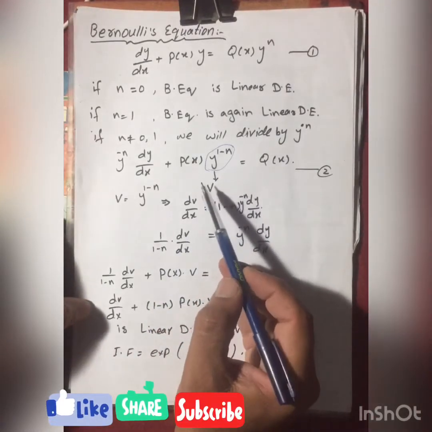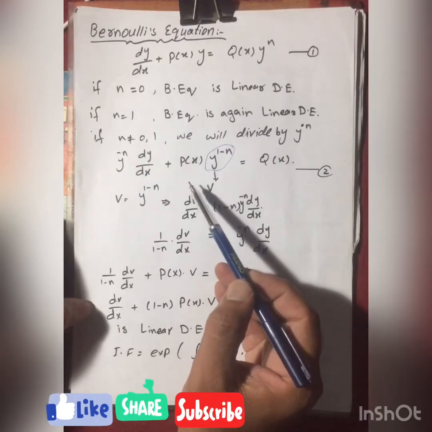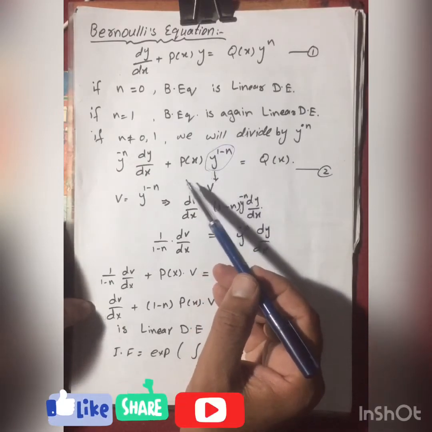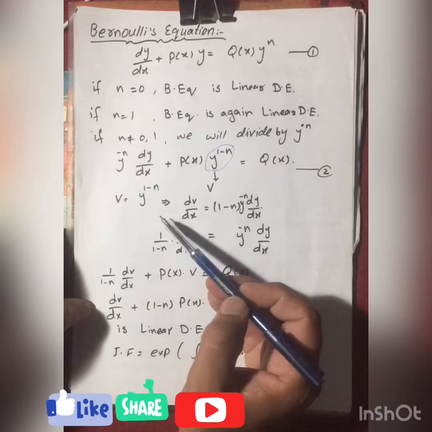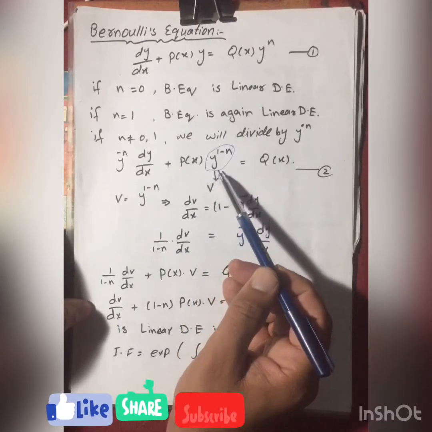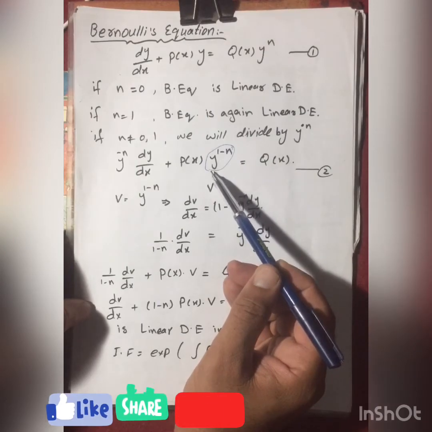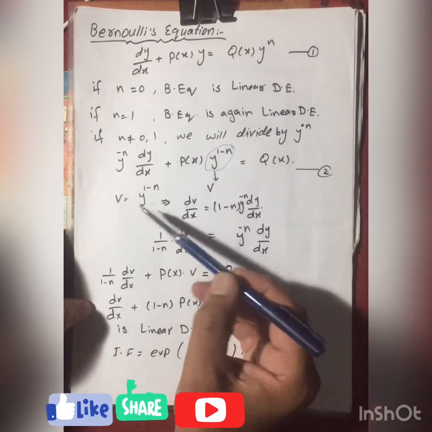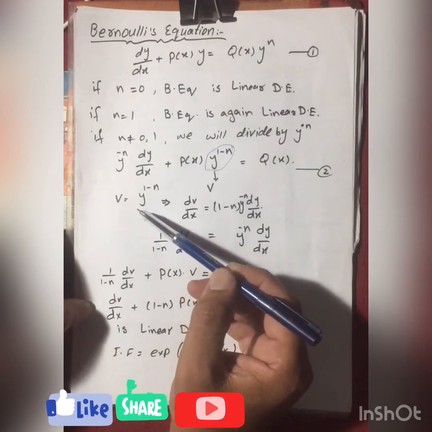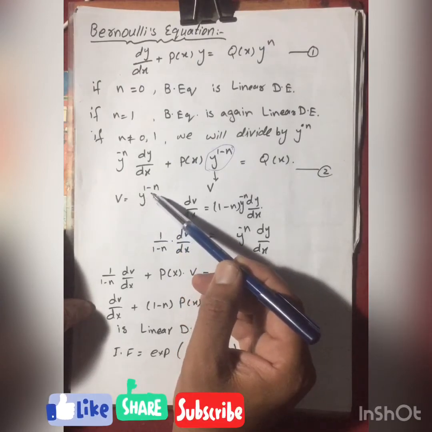We will proceed to make this equation into linear differential equation form. For this you will substitute y in the form of v. Let v equal y raised to power 1 minus n.